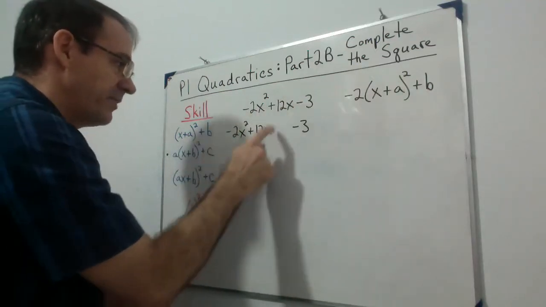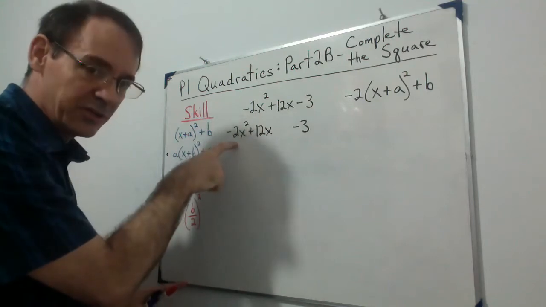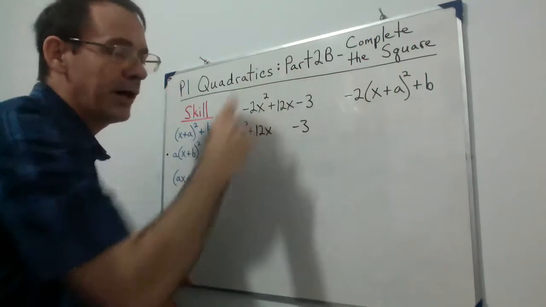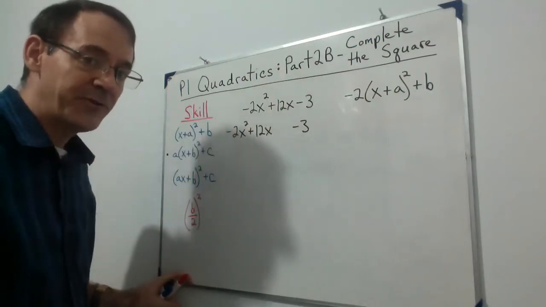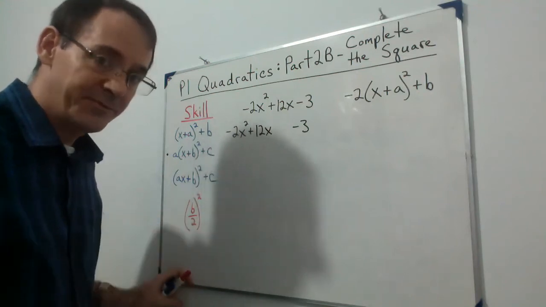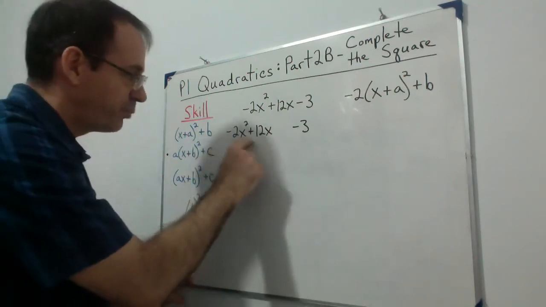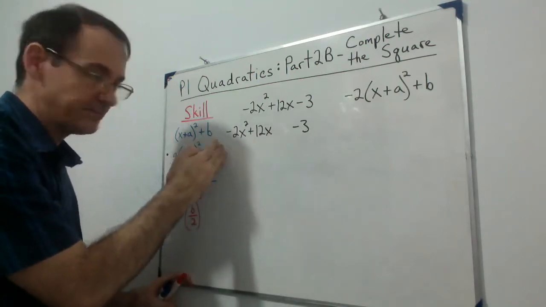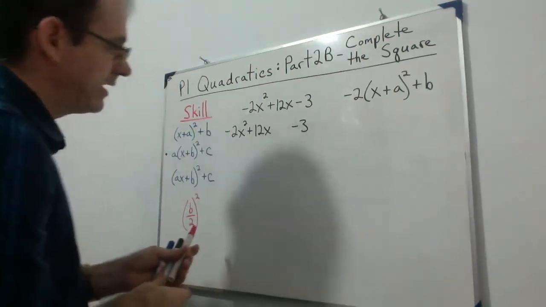So from this, we need to get a 1 as a coefficient, so we want to divide it out. And remember from part 1, where we talked about factoring, factoring is a form of division, except instead of putting it like a division bar, like a fraction, we move it to the front. That's what we're going to do with the -2.